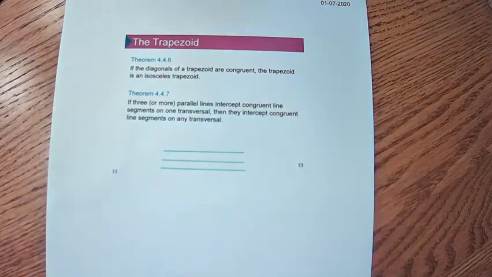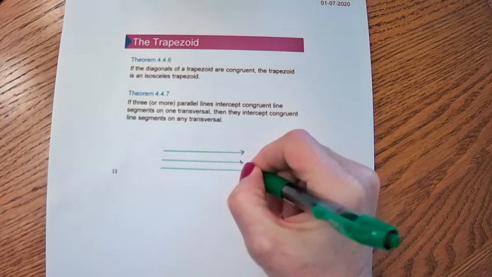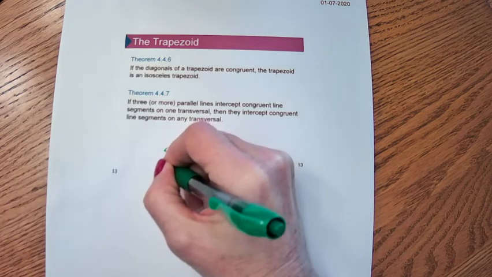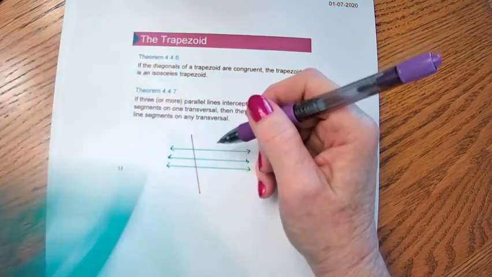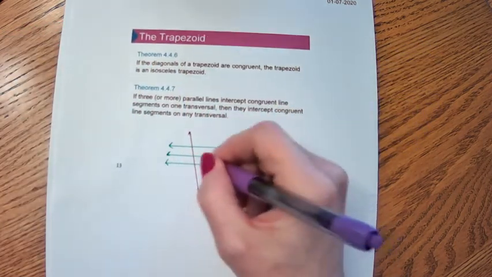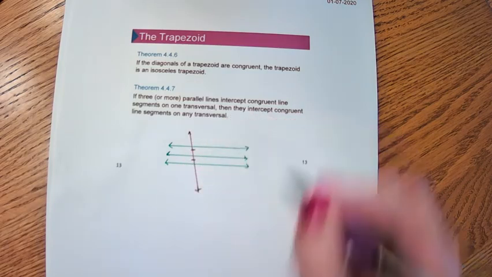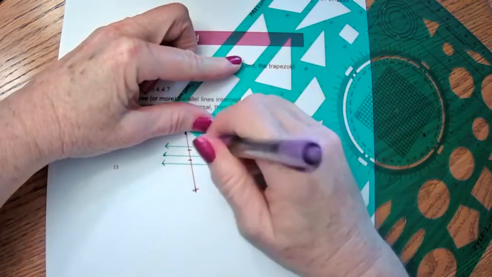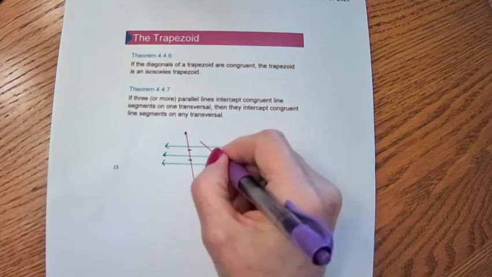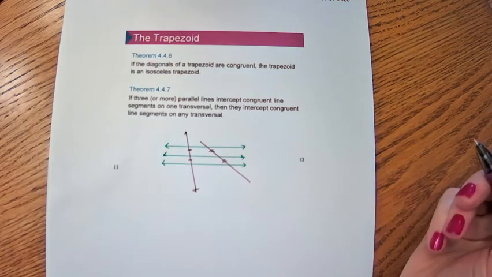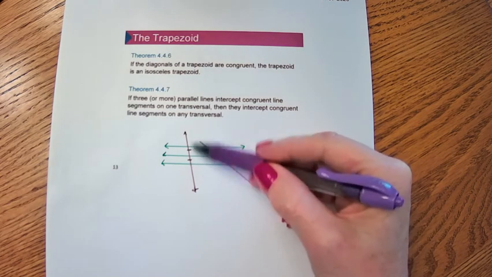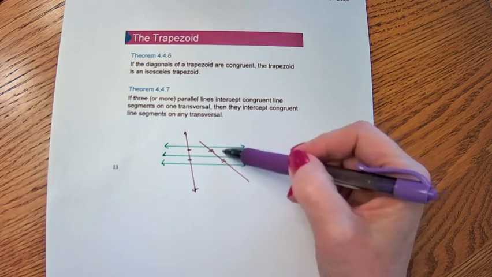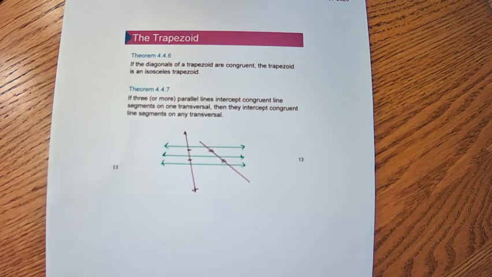So let's say there are 3 or more parallel lines, and I know when I cut this transversal, if I know that that segment and that segment are congruent, that means that any diagonal I cut, that segment will be congruent with that segment. So that's what this theorem is saying. If 3 or more parallel lines intercept congruent line segments on a transversal, then they're going to be congruent line segments on any transversal you might draw.